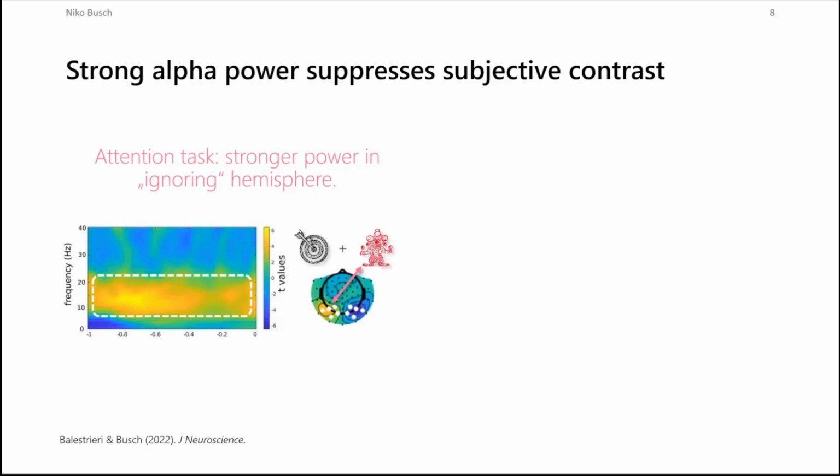Then this shows, and many other studies have shown before, that alpha lateralizes so that power increases opposite to the irrelevant stimulus. And it decreases in the hemisphere processing the relevant stimulus. That effect is very well known and very robust.